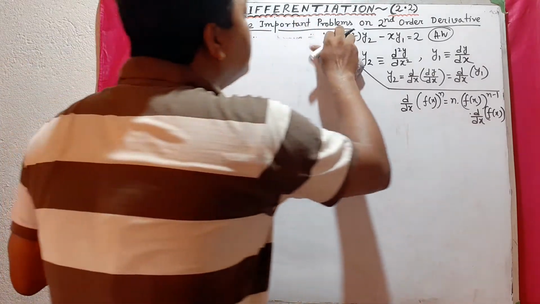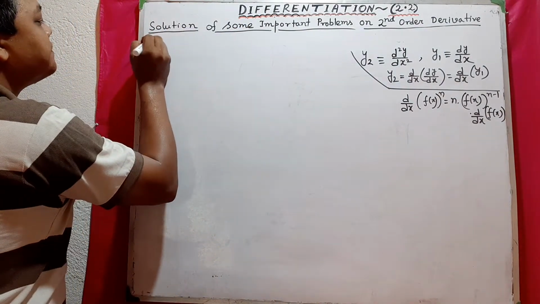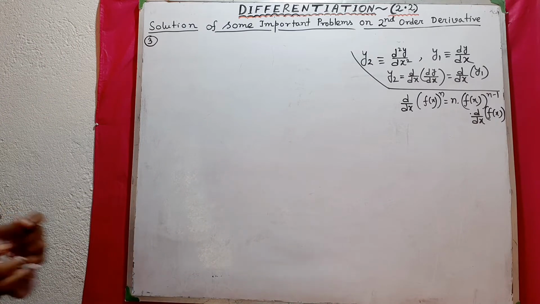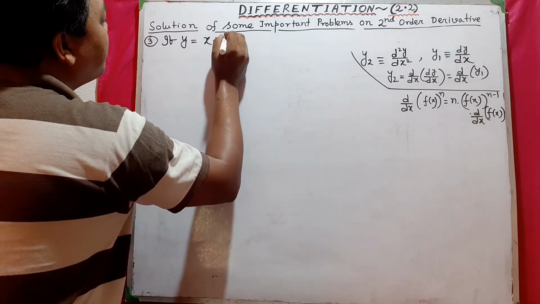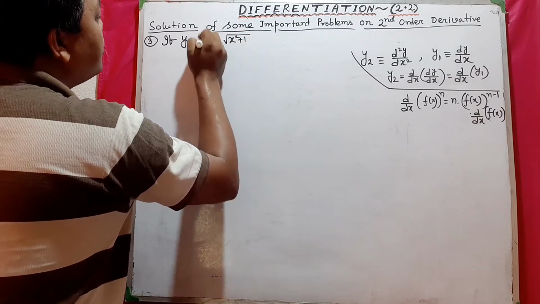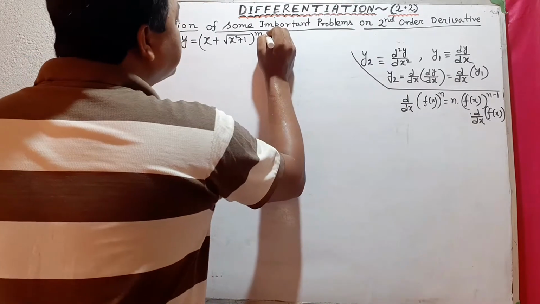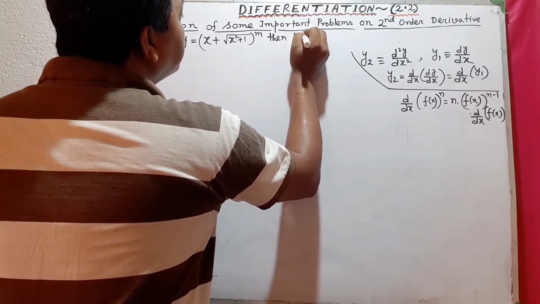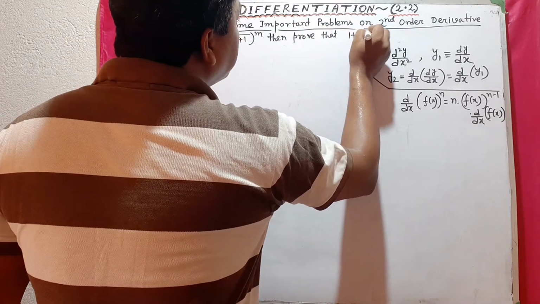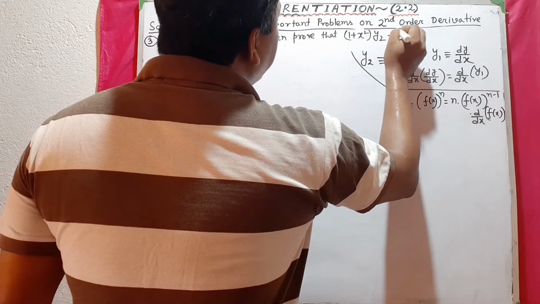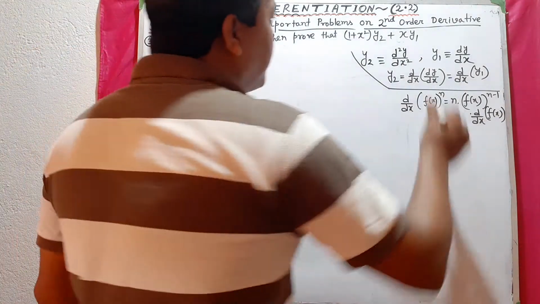Okay, problem number 3. If y equals x plus square root of x square plus 1 whole to the power m, then prove that 1 plus x square into y2 plus x into y1 equals m square y.